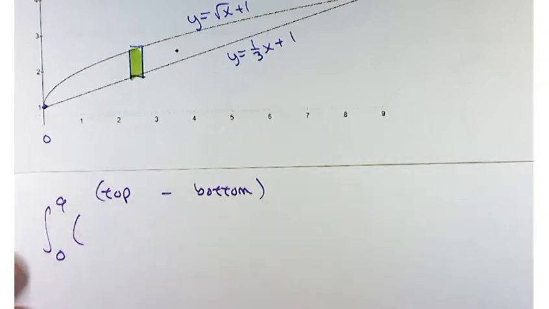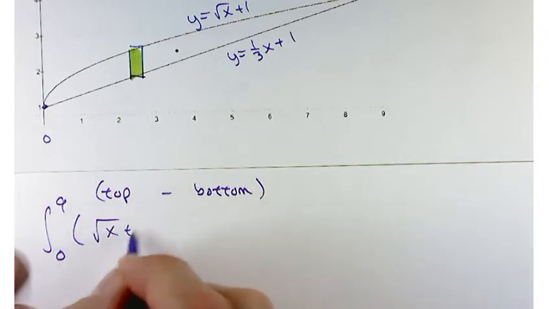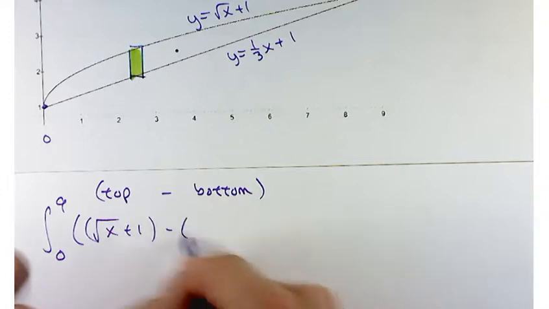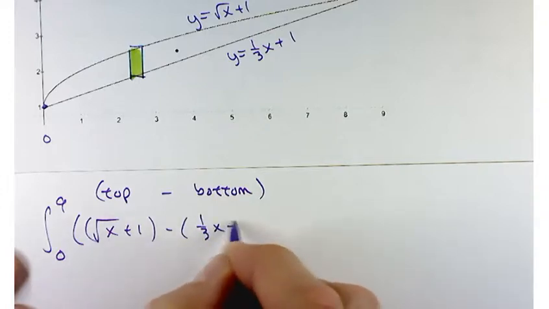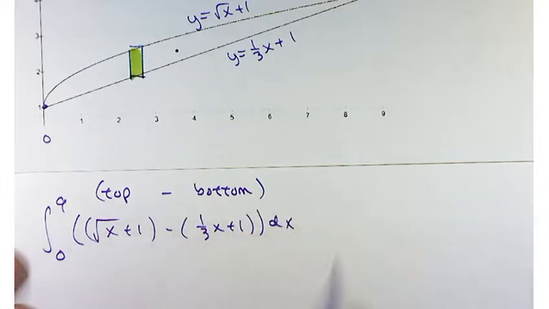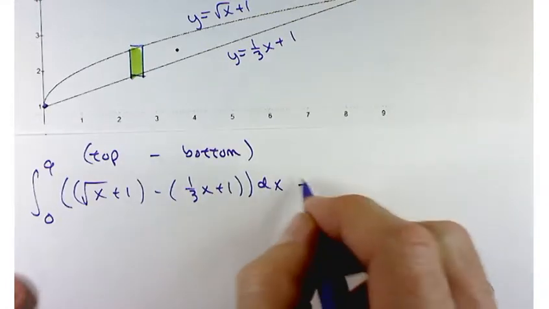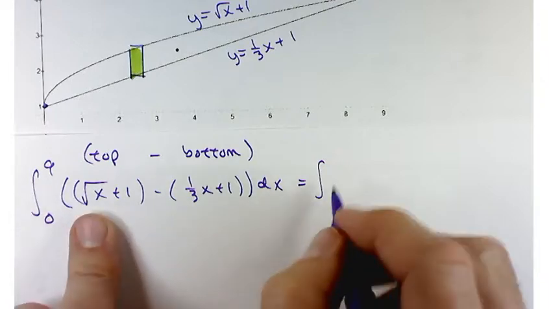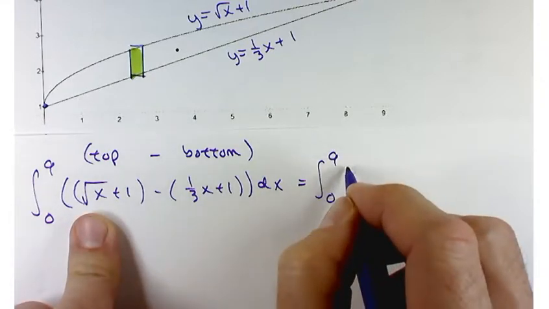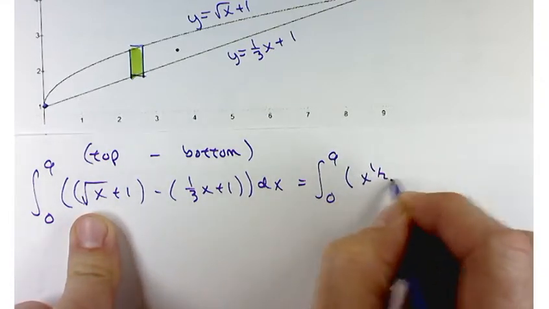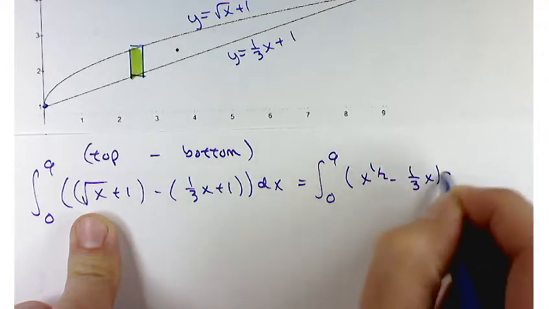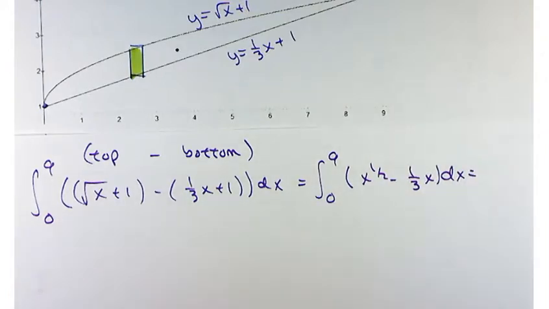So the top curve is square root of x plus 1 minus 1/3 x plus 1 again dx. You get some cancellation. It's going to be the integral from 0 to 9 of x to the 1/2 minus 1/3 x dx.